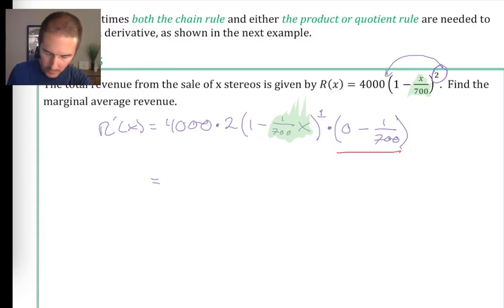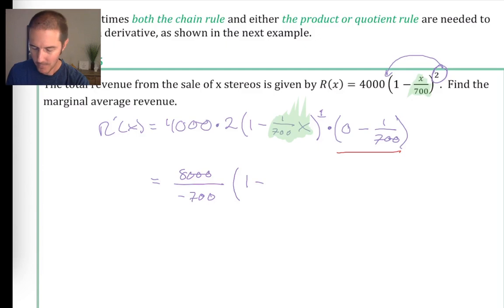So why don't I write this as 8,000 over negative 700. How about that? And then we'll keep this stuff in parentheses, which says 1 minus, and then if you want to make it say x over 700 again, you can. If you want to leave it as 1/700th of x, that's fine too.